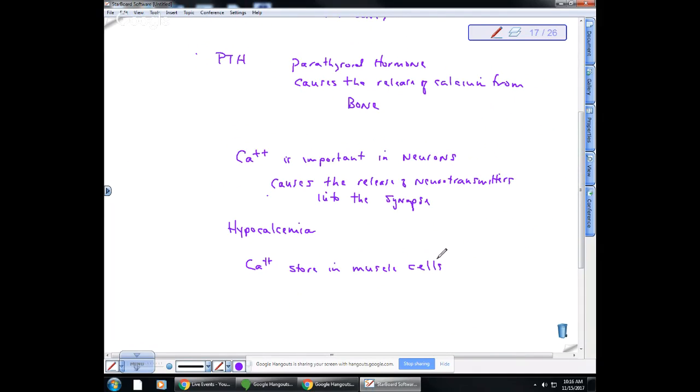And when the muscle cell is stimulated to contract, the calcium is released, and it binds to the actin and the myosin and causes the muscle cells to contract. So it is released into the cytoplasm and causes muscle cells to contract.